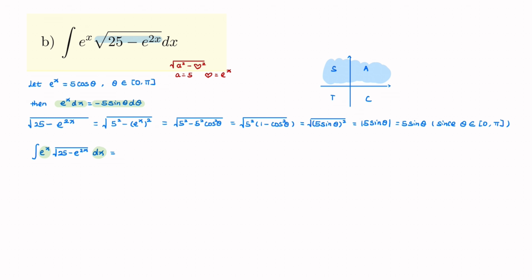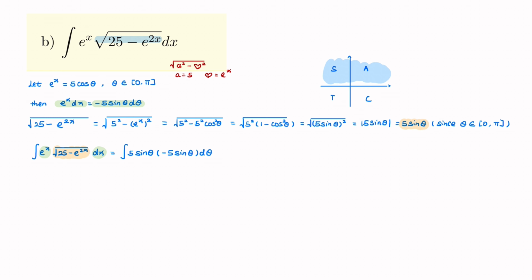And my square root part becomes 5 sine theta. This is coming from the square root part. So this is being replaced by this because we showed that they are equal to each other when I use substitution. And then e to the x dx becomes negative 5 sine theta d theta.